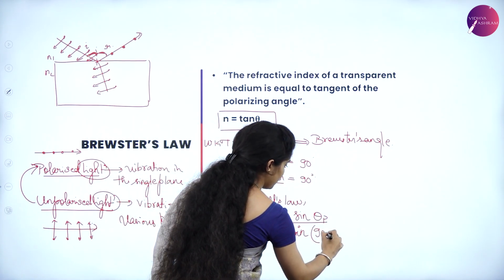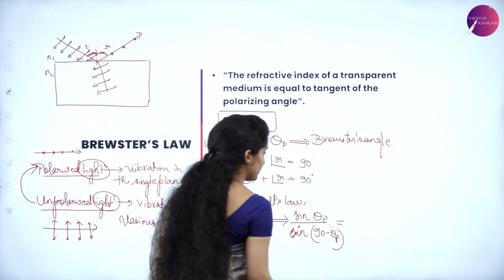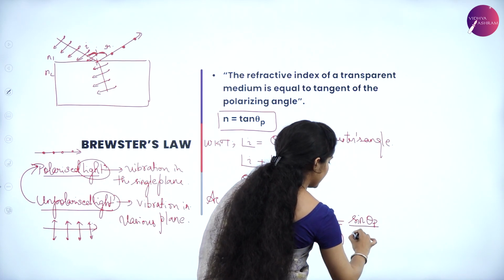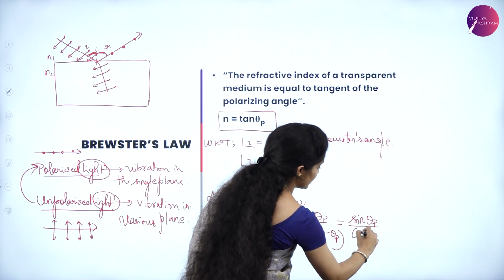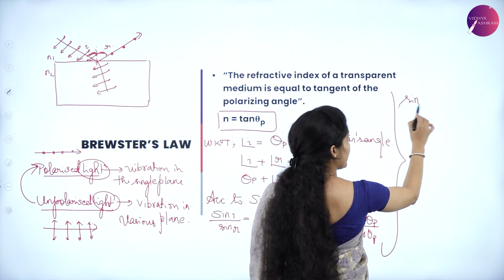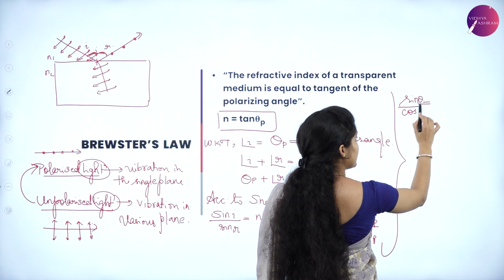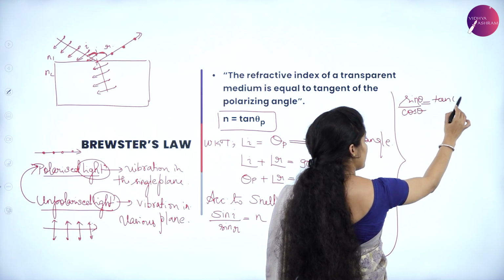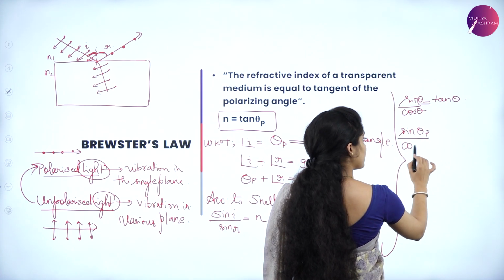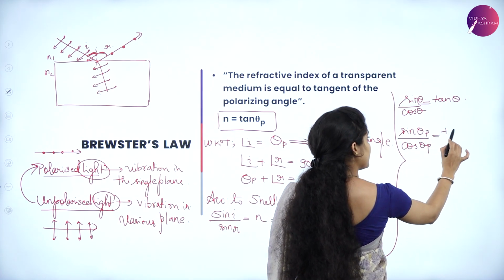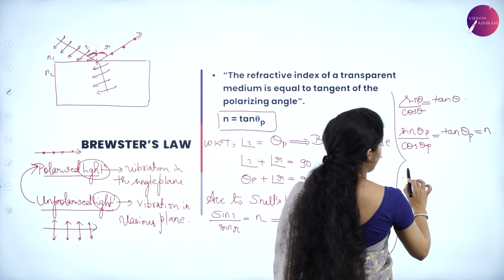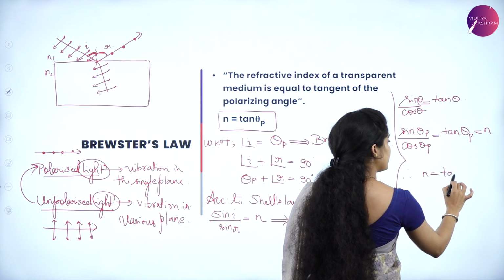Together we have sine theta p divided by sine of 90 minus theta p, which is cos theta p. We know that sine theta by cos theta is tan theta. So sine theta p by cos theta p becomes tan theta p, which is equal to n. Therefore, n is equal to tan theta p.